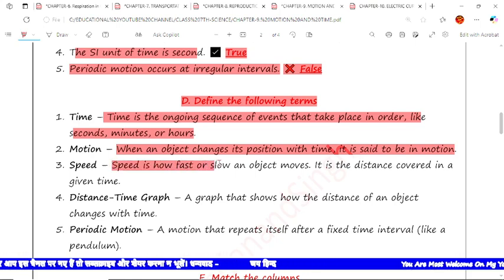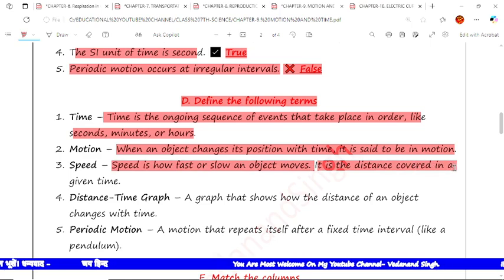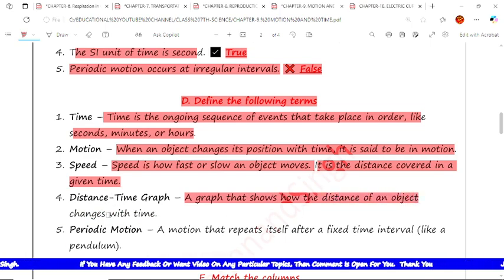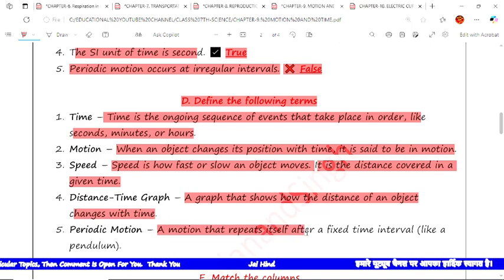It is how fast or slow an object moves, and it is the distance covered in a given time. Now the next is distance time graph, a graph that shows how the distance of an object changes with time. Now the next is periodic motion, a motion that repeats itself after a fixed time interval, like a pendulum.